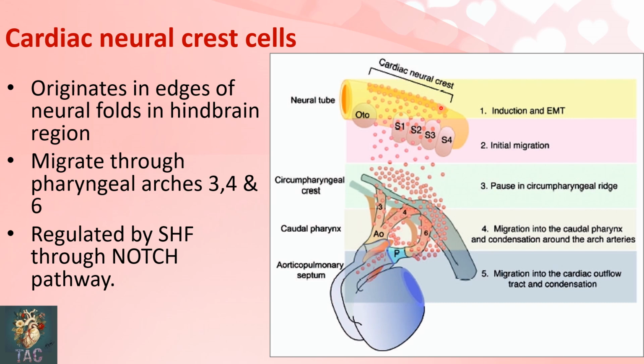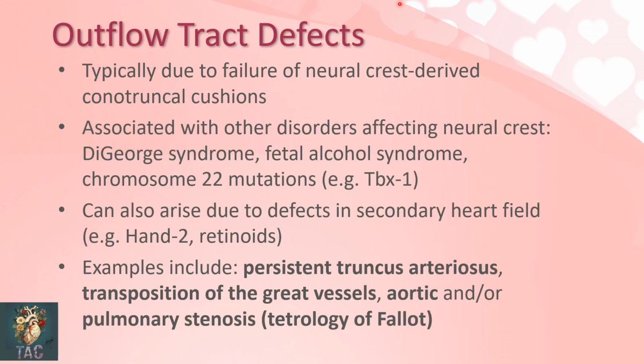Here again you can see the neural crest cells migrating from the edges of the neural tube in the area of the hindbrain through pharyngeal arches 3rd, 4th and 6th, finally reaching the region where they will form the aorticopulmonary septum. So outflow tract defects are typically due to failure of the neural crest cell derived conotruncal cushions.